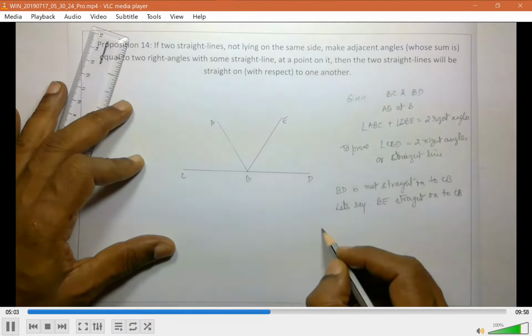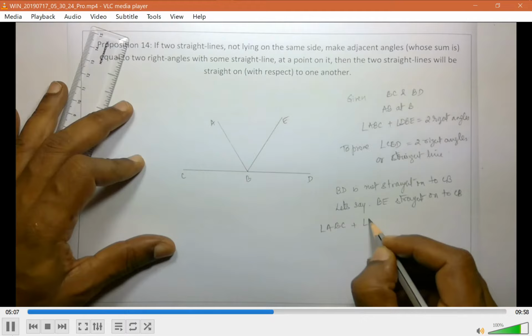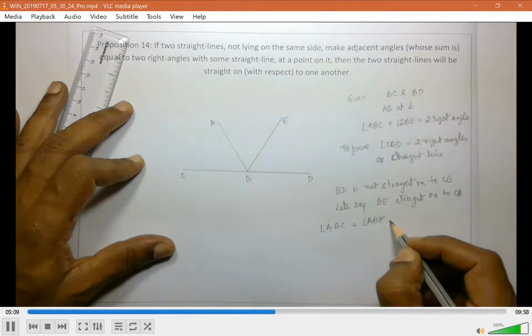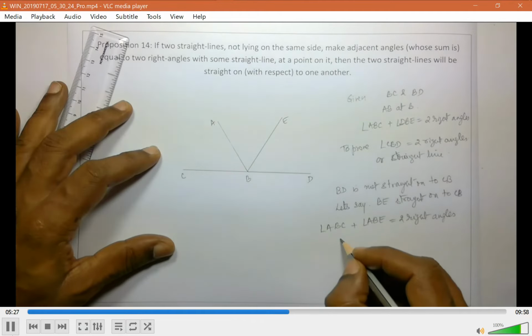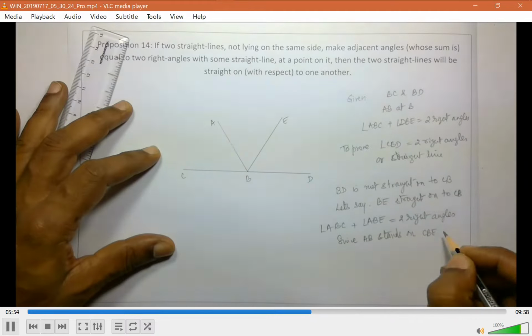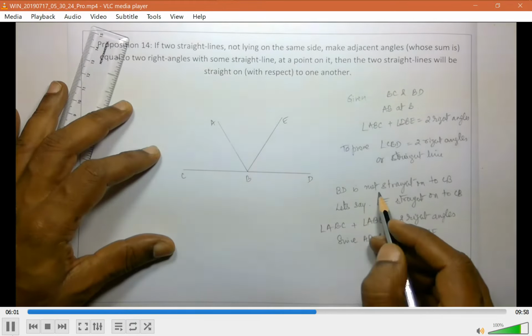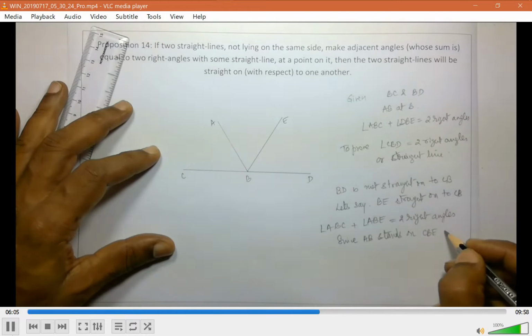So that means angle ABC plus angle ABE is equal to two right angles, since AB stands on CBE, which, as per our assumption that BD is not straight on to CB, is a straight line.